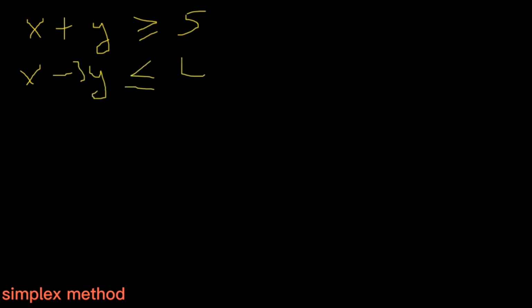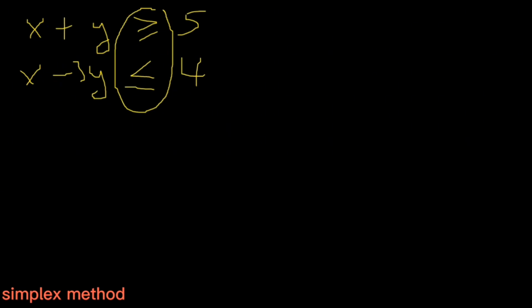Okay, if you have an equation like x plus y is greater than or equals to 5, x minus 3y less than or equals to 4, we have to find this one. You are just going to make it so that all these resemble each other. So that's the first thing to do.